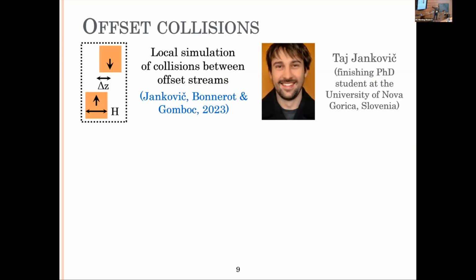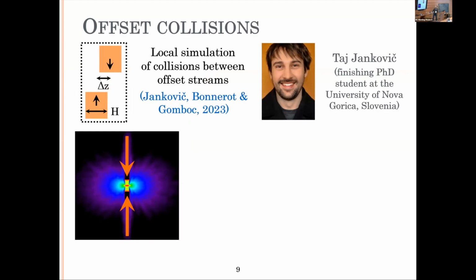This is work that has been done by PhD student Tai Yankovic. In this paper that is now on the arXiv, what he did is basically local simulations of this offset collision. Actually, in this case the collision is not offset, but the setup is basically injecting gas from two streams towards each other from this orange segment.